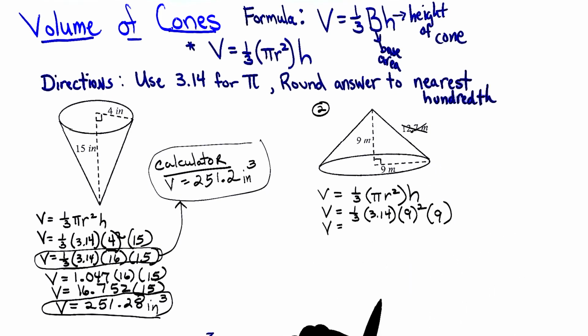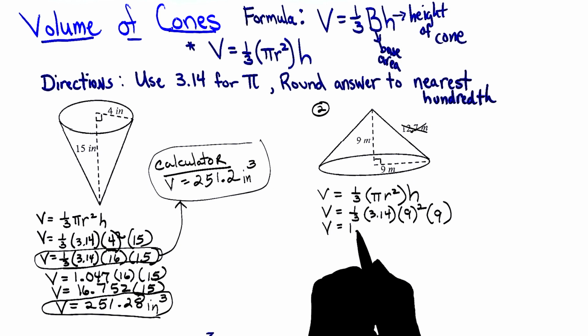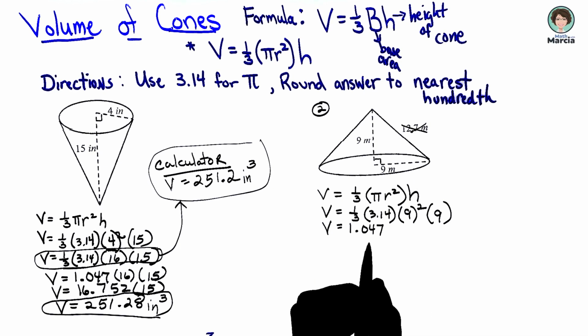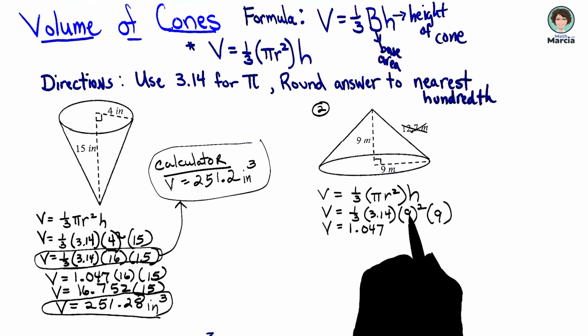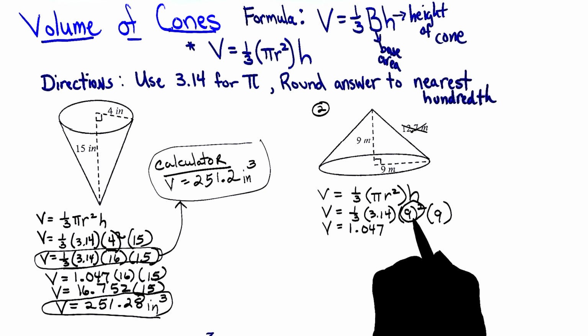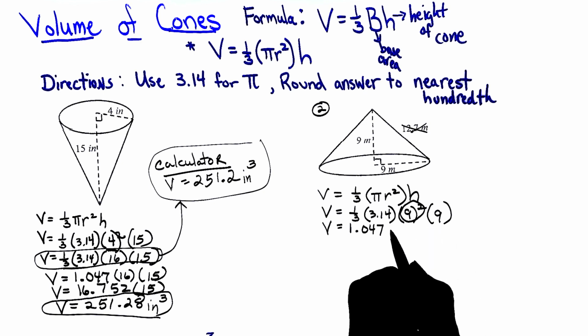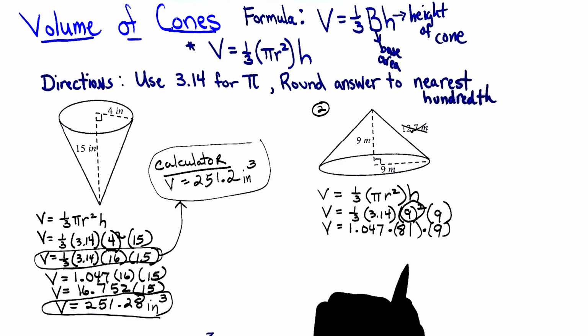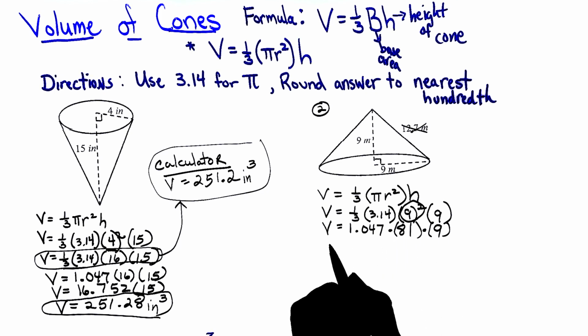So now when we do 1/3 times 3.14, we had it over here. The rounded answer was 1 47 thousandths. And here we needed to actually do this first. So 9 squared is 81. And then we're going to multiply it times 9. So here are our three numbers that we will end up multiplying.